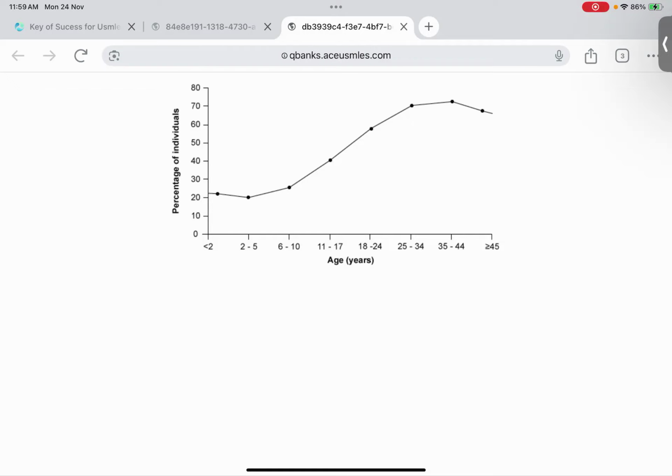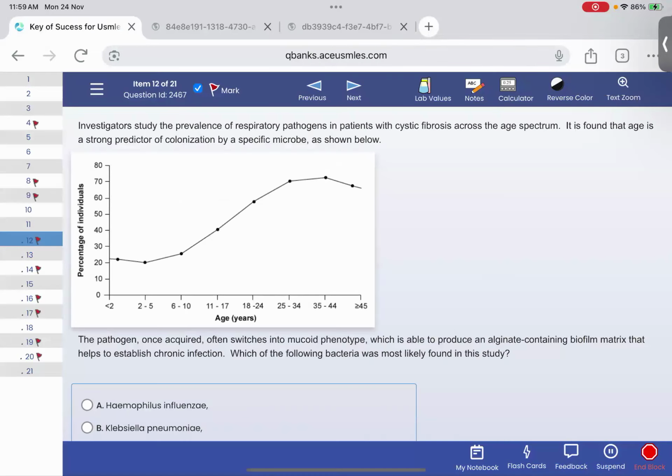I told you, there was also another group of organisms colonizing cystic fibrosis patients: in children it was Staph aureus, and in adults it is Pseudomonas. Yeah, that's right.